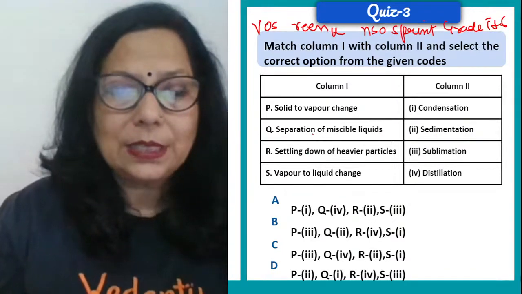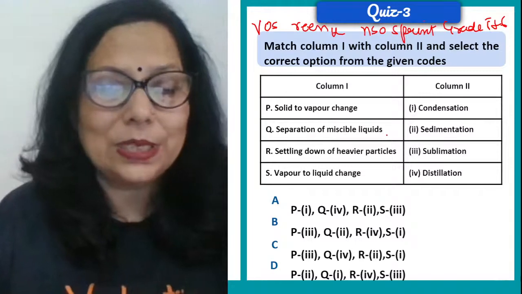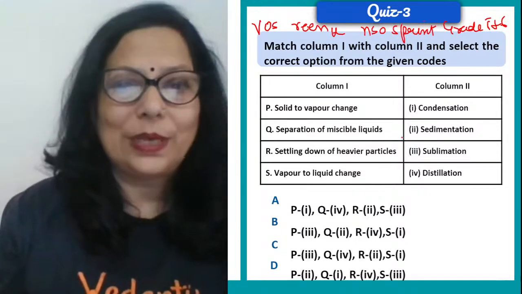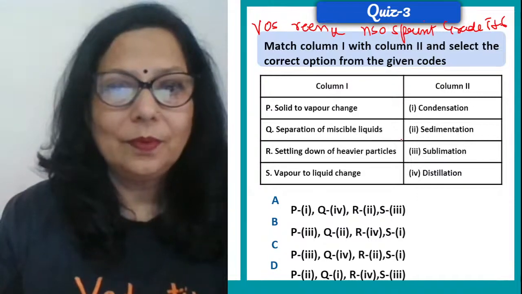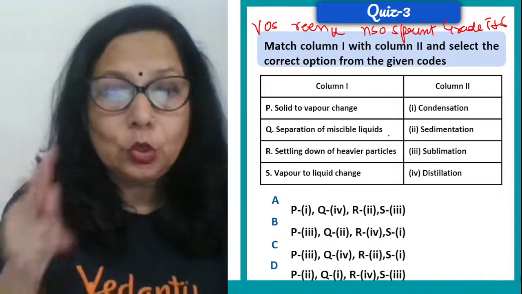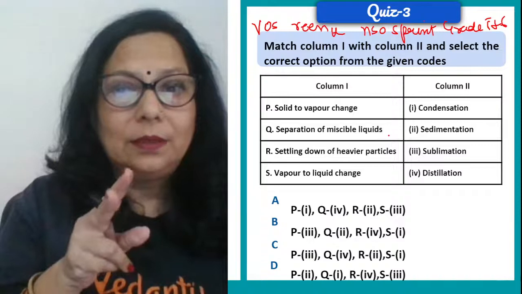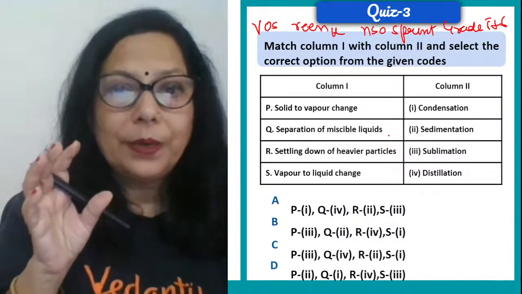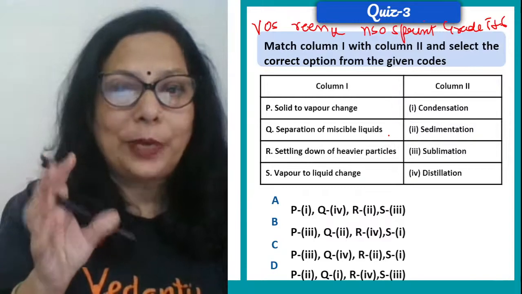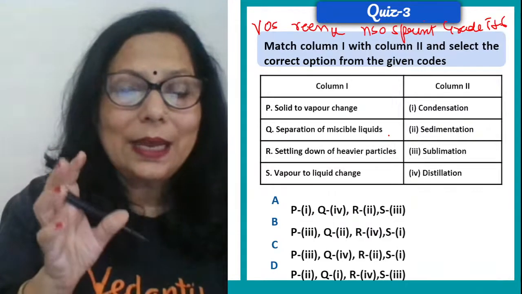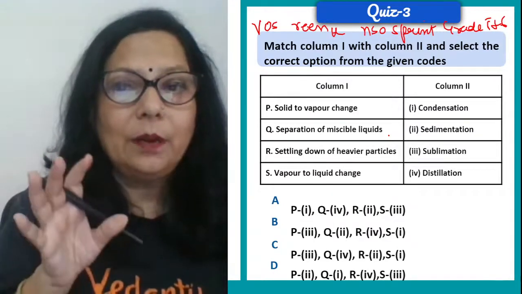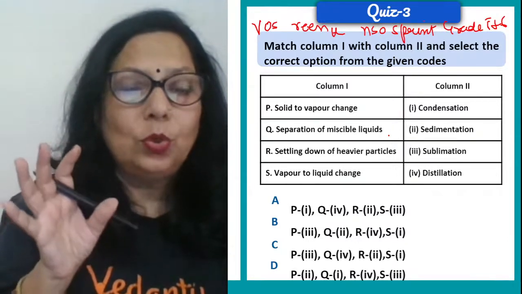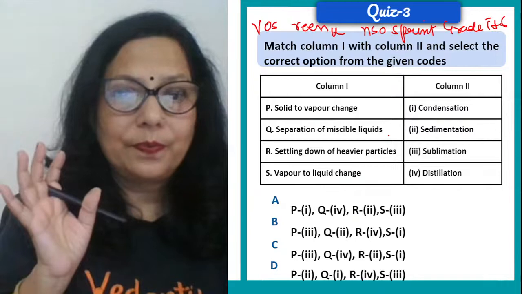Then separation of miscible liquids can be by which method? Two liquids which are miscible will be separated by which method? Like components of petroleum. Settling down of heavier particles and vapor to liquid change.